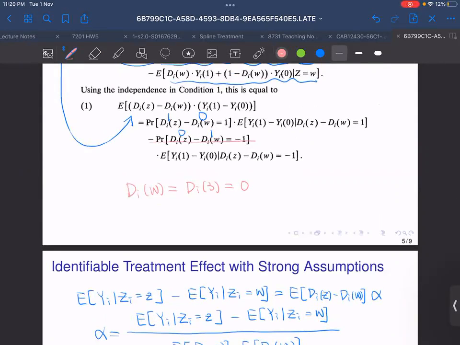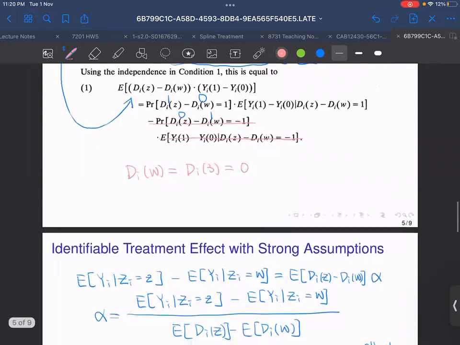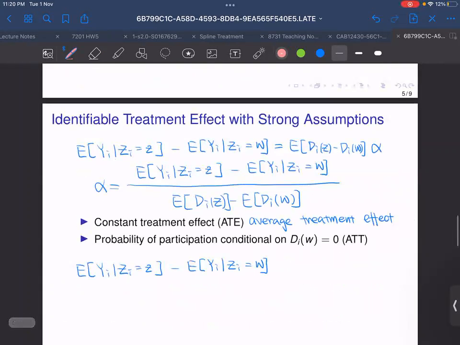Then we can eliminate the second term. Maybe that's easier. I mean, that's definitely easier for me.